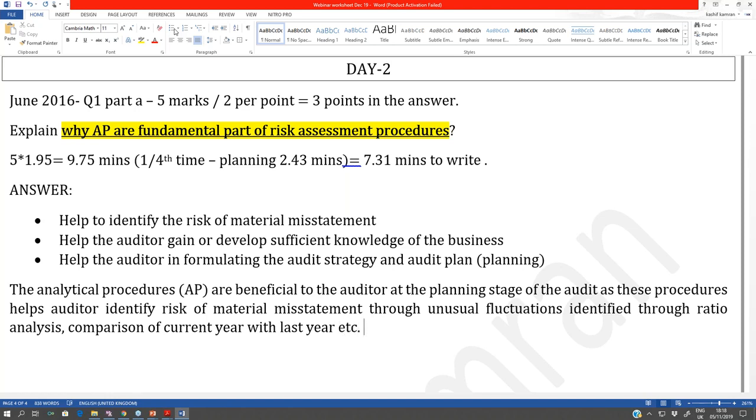So I used analytical procedure in a full form, and then I abbreviated the analytical procedure as AP. So later I can use AP as a short form because I abbreviated that in the very first sentence, right? So see how I developed 1 point?